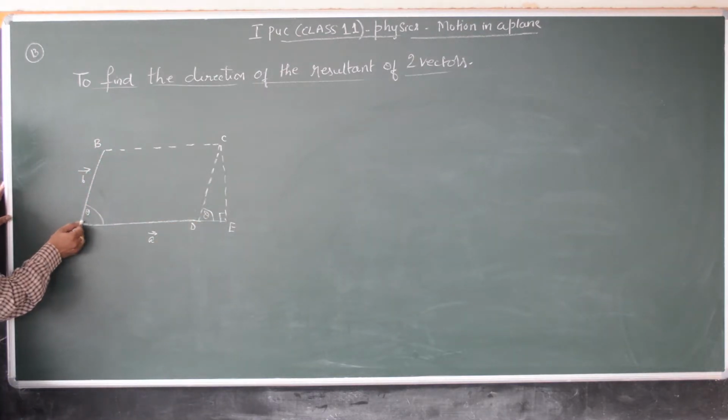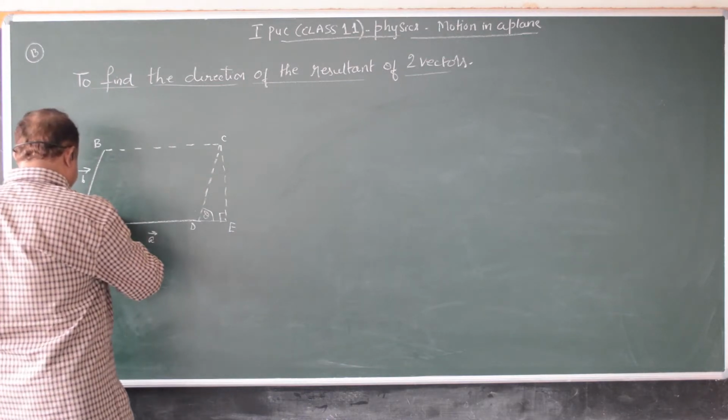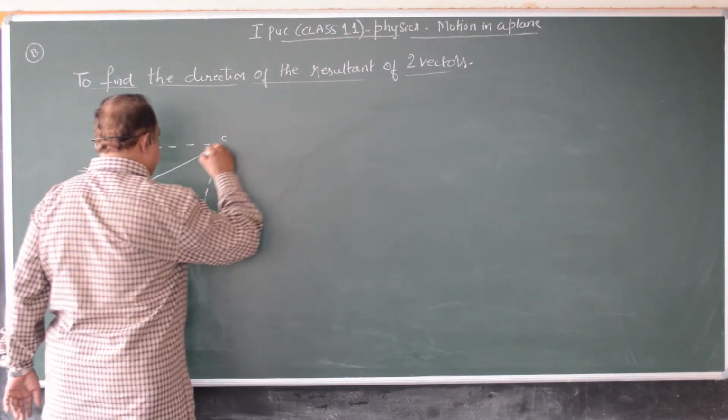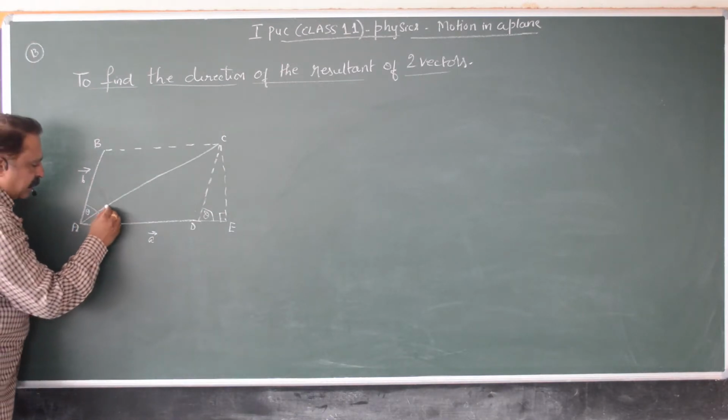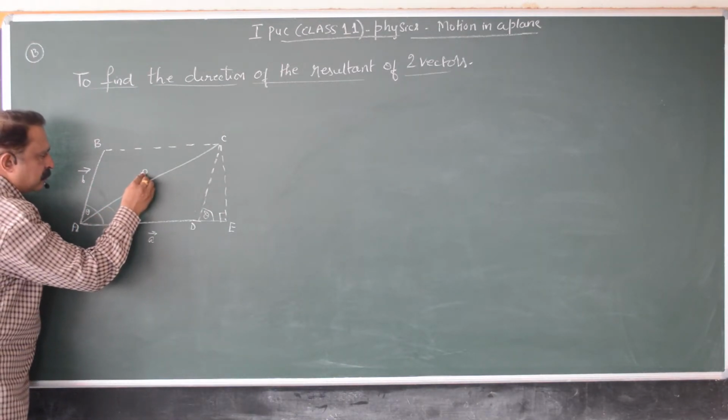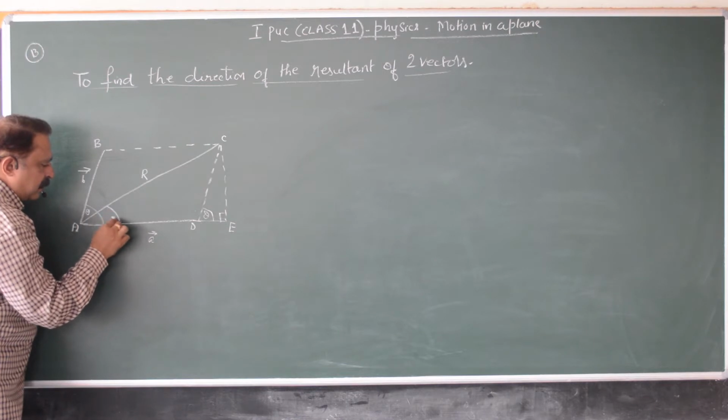Now draw the resultant from the point A along the diagonal AC.